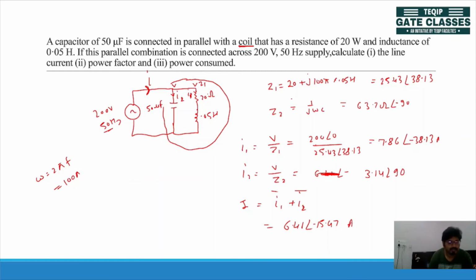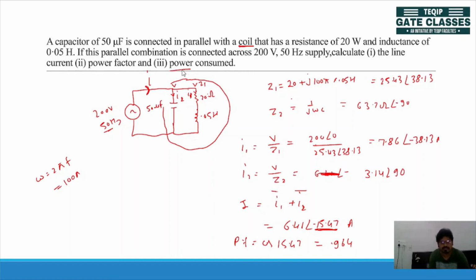Okay. If you now want to calculate your power factor, what is the phase difference between voltage and current? Voltage is V angle 0 and your current is 6.41 angle minus 15.47. This is your power factor angle, so your power factor will be cos of 15.47, which comes to around 0.964. If you have your power factor and your voltage V and current I, you can calculate power also, that is VI cos phi, the active power consumed.